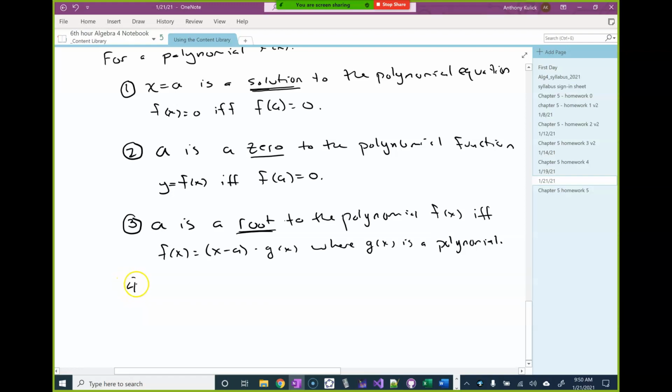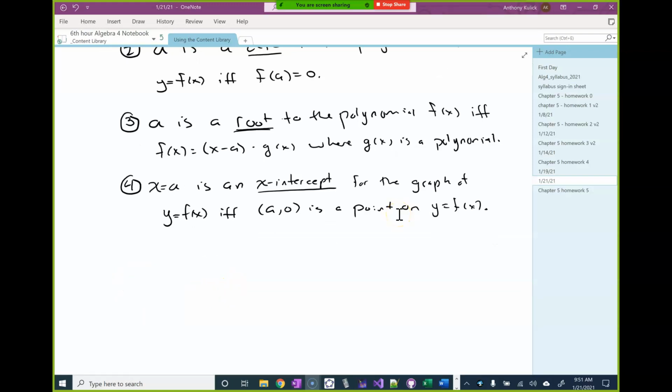Now, from a practical standpoint, which one of these 4 is going to be the easiest for us to get? What do you guys think?